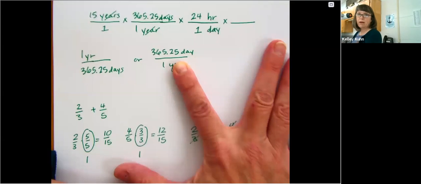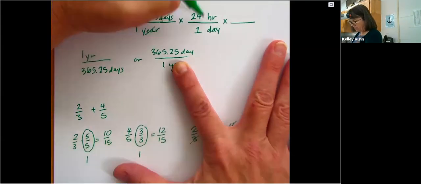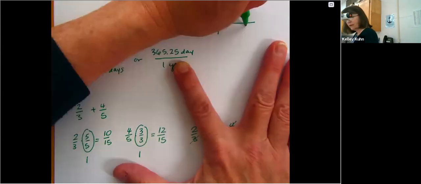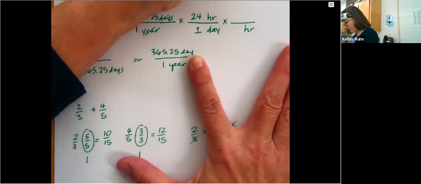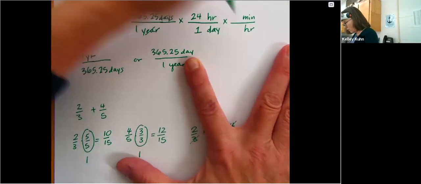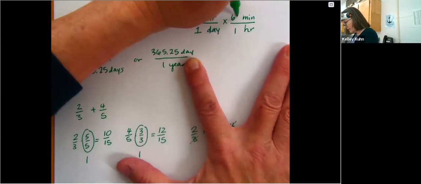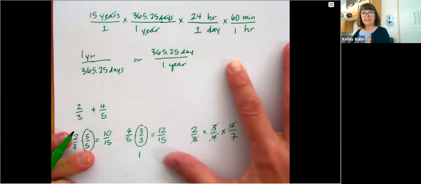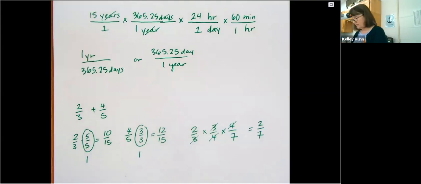What's going to have to be on the bottom of my next ratio? Well, whatever is in the numerator of the prior. So here I'll have to have hours. What's my next step down from hours? Minutes. So what's that relationship? 1 hour is 60 minutes. Lastly, I want to get all the way back to seconds, right?